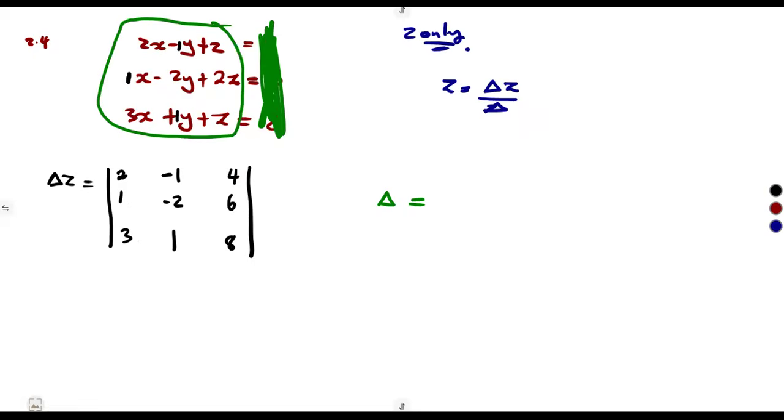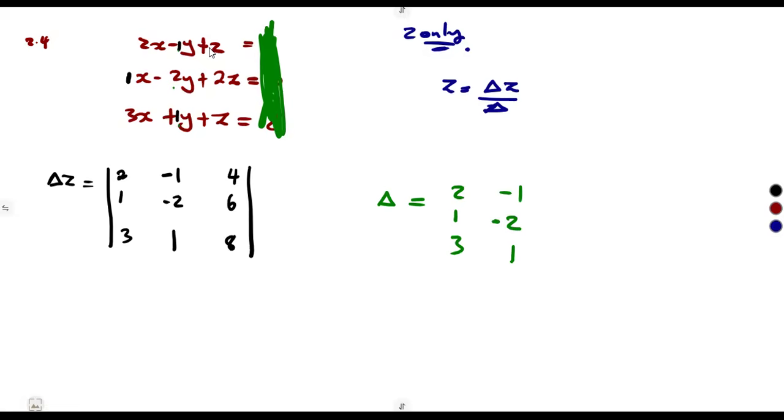We do not include our constants. So we take 2, 1, 3, minus 1, minus 2, 1, and for z, this is 1, this is 2, and this one is 1. So you calculate your determinant just like that.